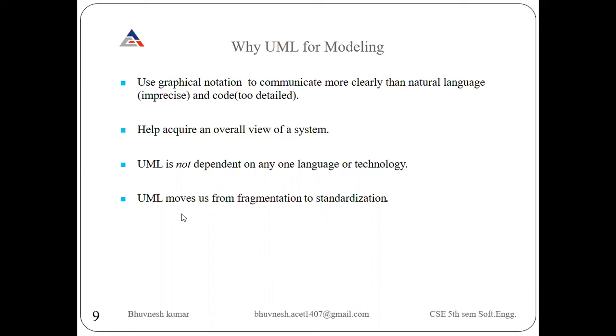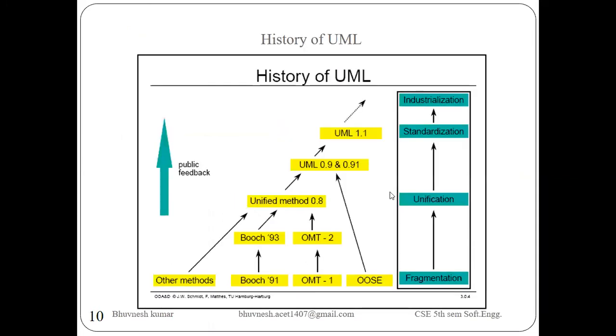UML moves us from fragmentation to standardization. The diagram shown here moves from a fragmentation concept to an industrialization concept. There are different methods to draw your diagrams. There is the Booch method, and there is OMT, the Object Modeling Technique.